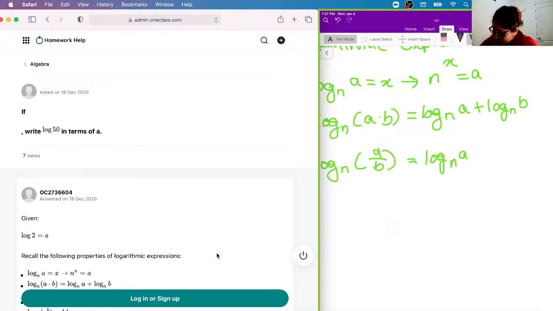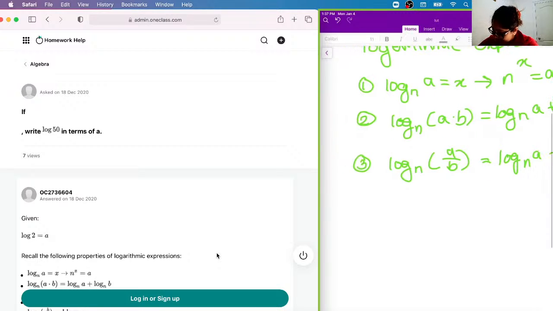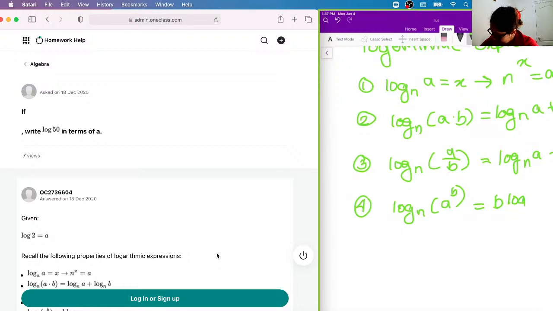So in this case, your base has to be the same in order to be able to do this. The log base n of b. And lastly, we have log base n of a to the power of b, and this is b log base n of a.